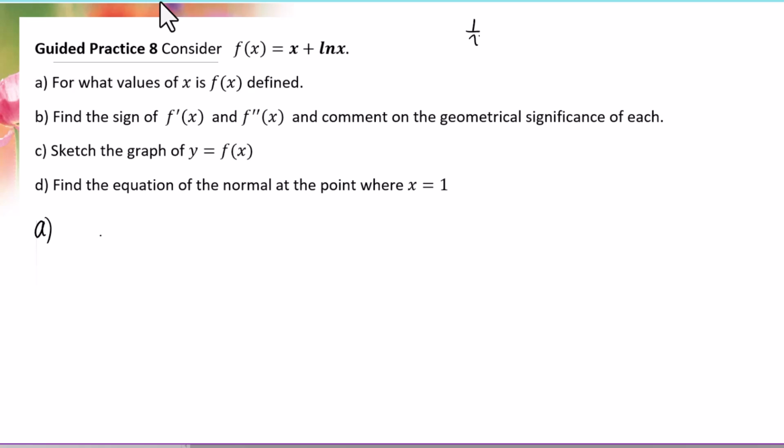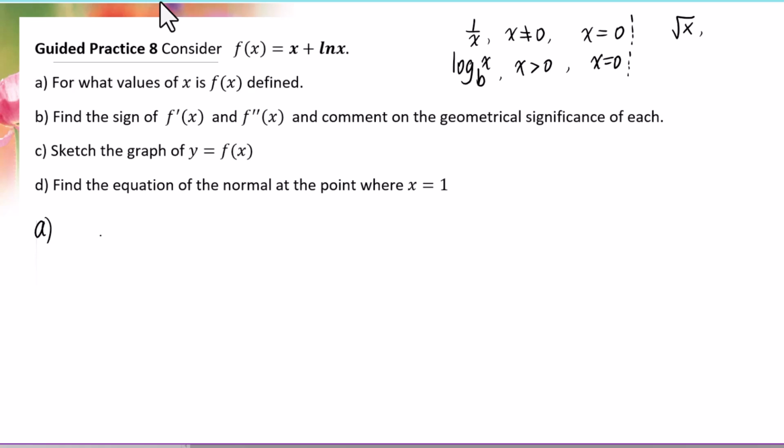We know there are 4 functions whose domain is restricted. 1 over x: x is not equal to 0, then x equals 0 is a vertical asymptote line. Log base b of x: x greater than 0, x equals 0 is a vertical asymptote line.